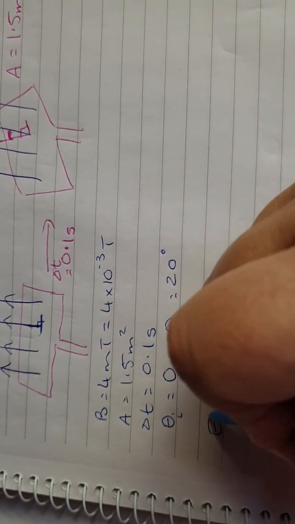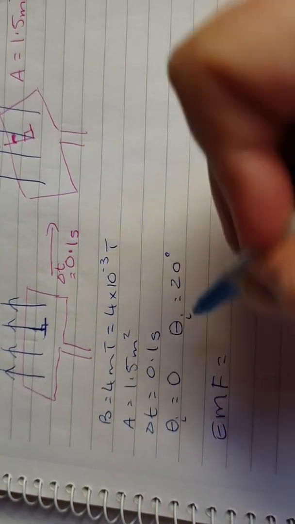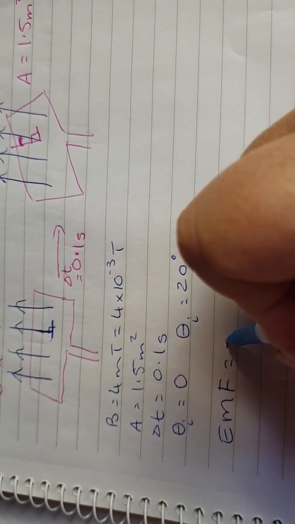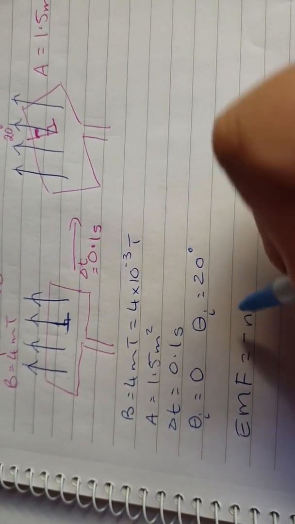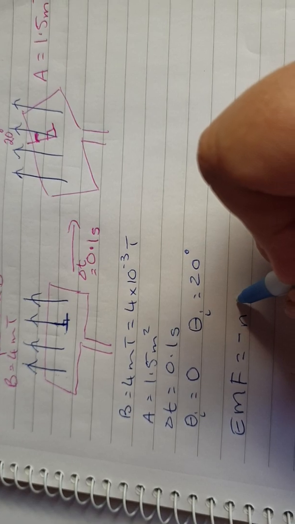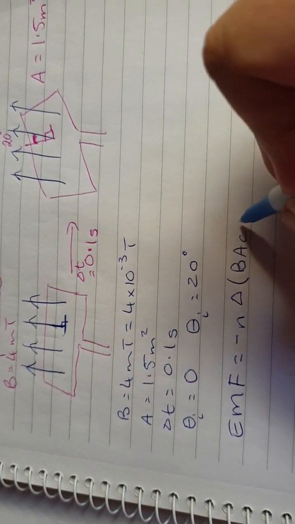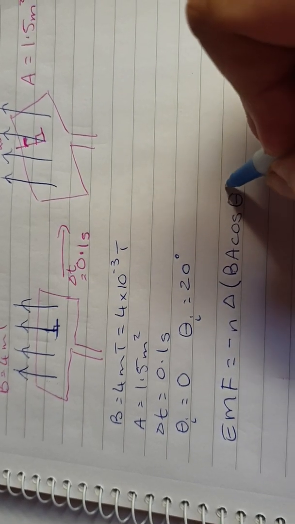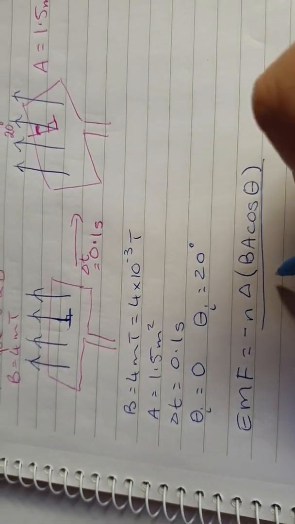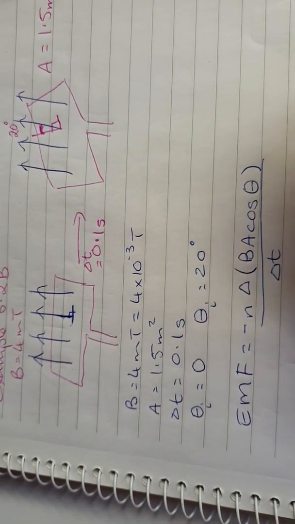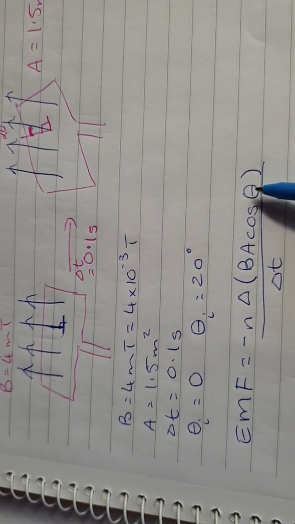Right, so EMF is what we're after. EMF equals negative N change in BA cos theta divided by change in time. And this time it's the theta that's going to change.